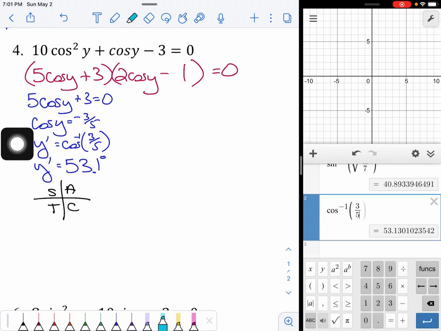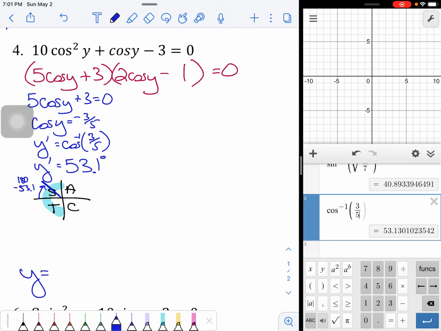So where is cosine negative? Well, that's going to be second and third quadrants. So if I go with that, in the second quadrant here, I want to back up off the x-axis. So 180 minus the reference angle.